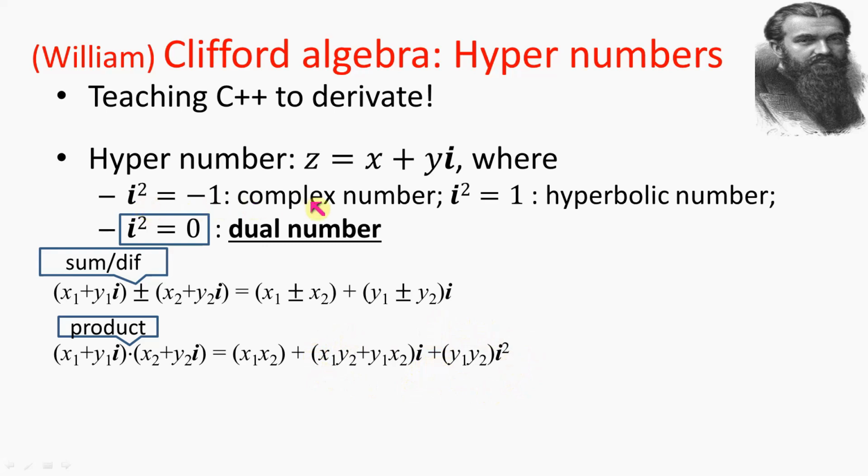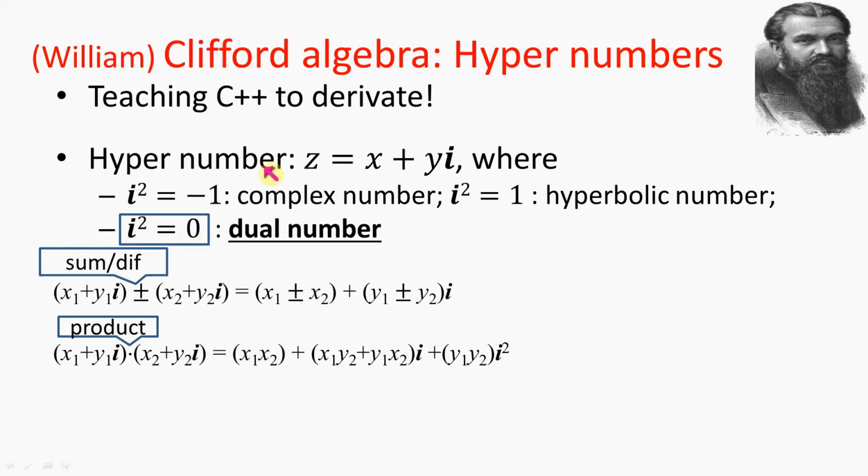If we use complex numbers, the decision is that i square is equal to -1. If we use the algebra of vectors, so i is just the basis vector of a Cartesian coordinate system, then the typical selection is i square is equal to 1 because these basis vectors are unit vectors. Now, in order to compute derivatives automatically, we are going to assume that i square is 0.